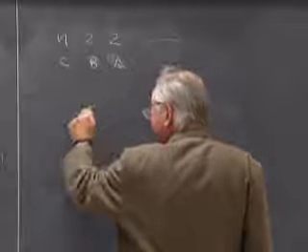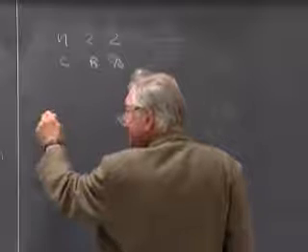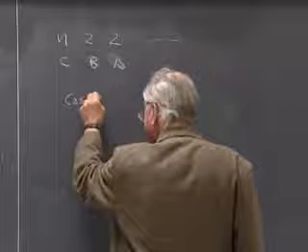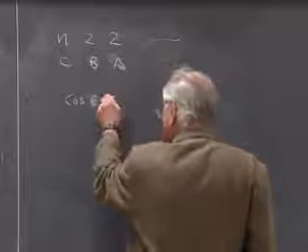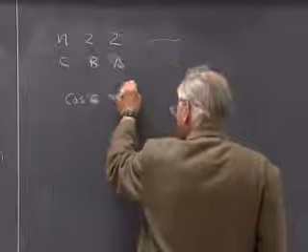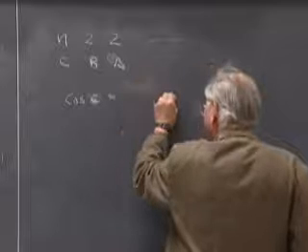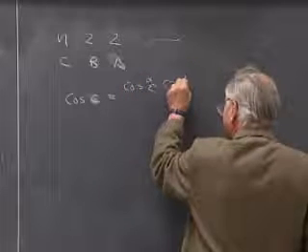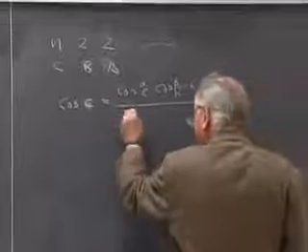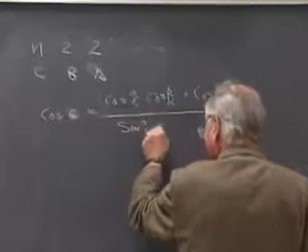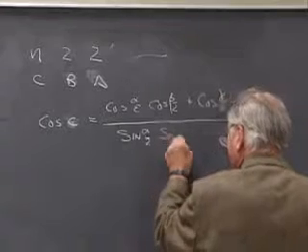Okay, so my first equation says that the cosine of C, the angle between A and B, should be equal to the cosine of alpha over 2 times the cosine of beta over 2 plus the cosine of gamma over 2, divided by sine of alpha over 2 times sine of beta over 2.